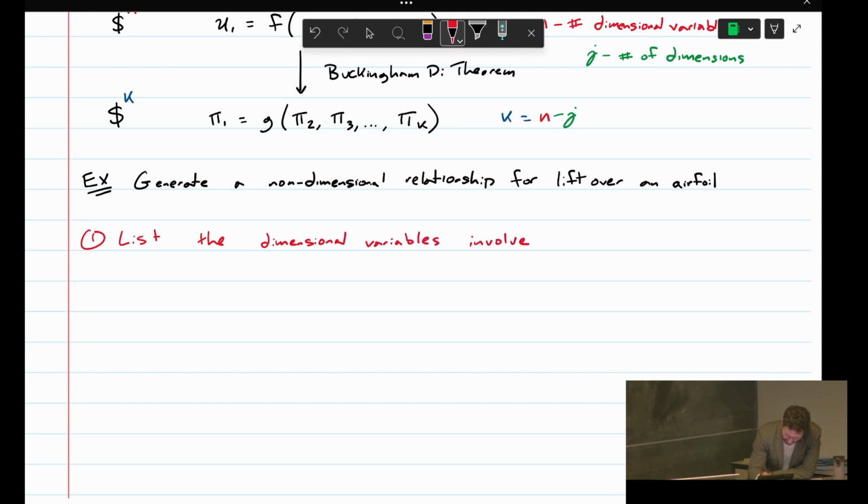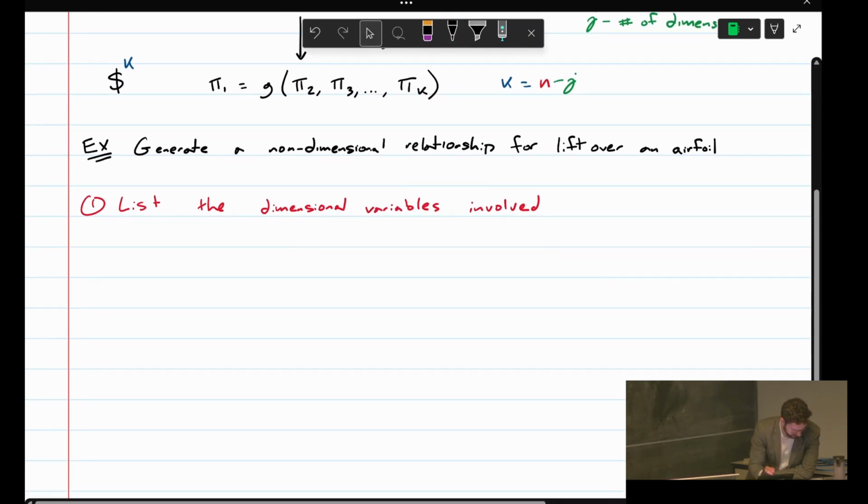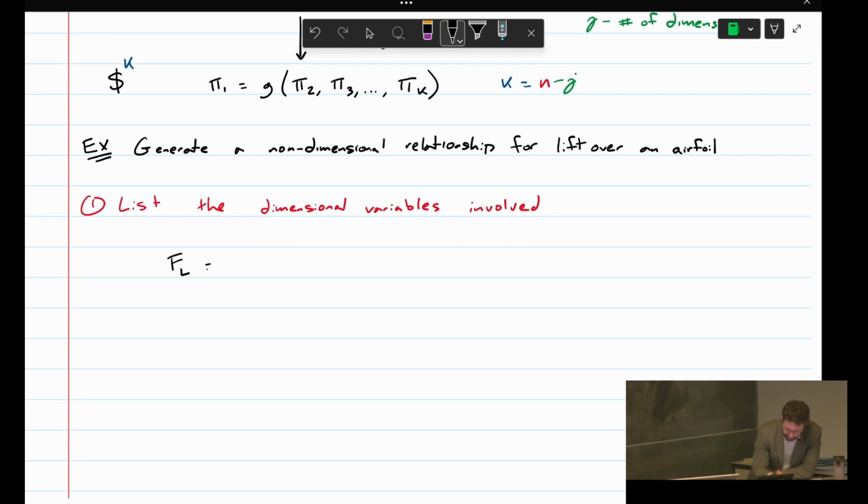So the variables: the lift force is some function of, and now we kind of have to brainstorm what the lift force on an airfoil might depend on.